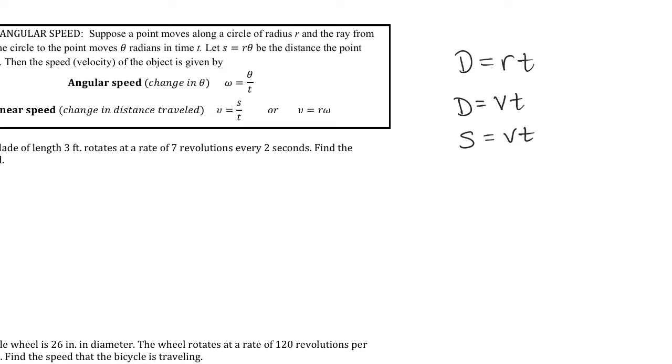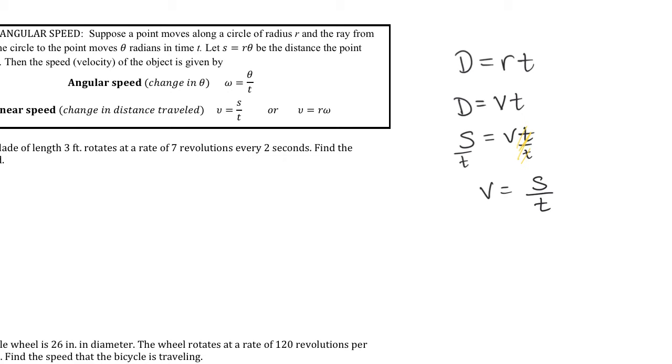Then if I solve for the velocity, divide both sides by t, I get velocity is equal to the distance around the outside of the circle, that's the s, divided by t. Those t's cancel, so v equals s over t.